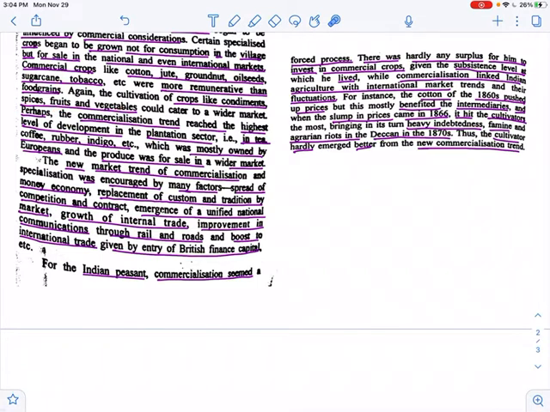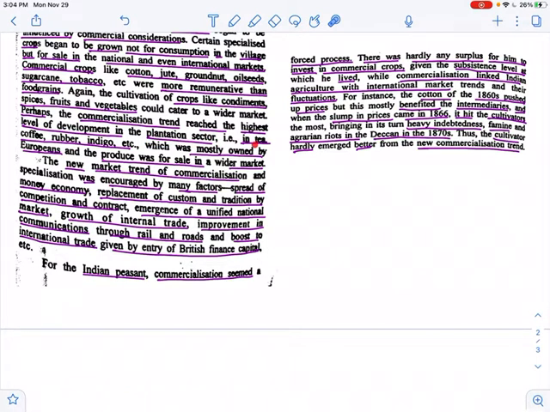And it is again important for us to remember that this commercialization trend was the highest in the plantation sector. What all are present in this plantation sector?